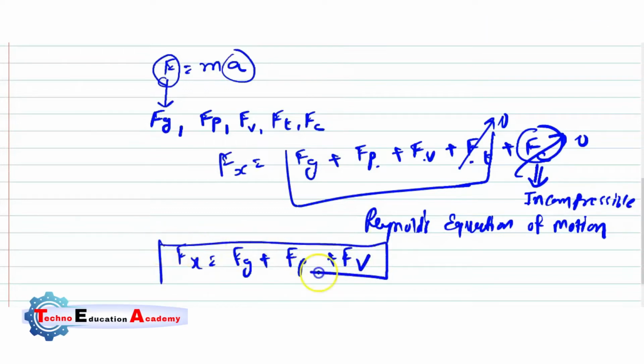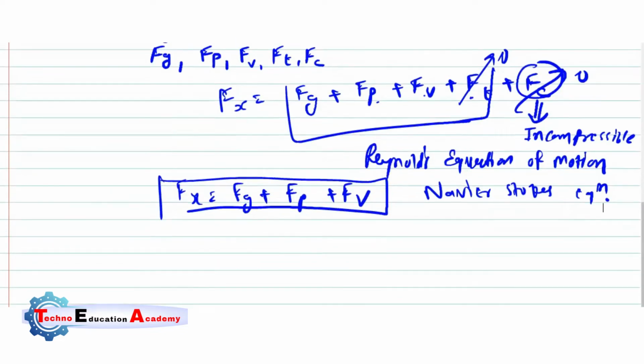These 3 forces are only considered in the Navier-Stokes equation. If we consider the turbulent force, then it is the Reynolds equation, and if we consider the compressible force, then there is compressibility in nature. It means there is a change in density of the fluid.